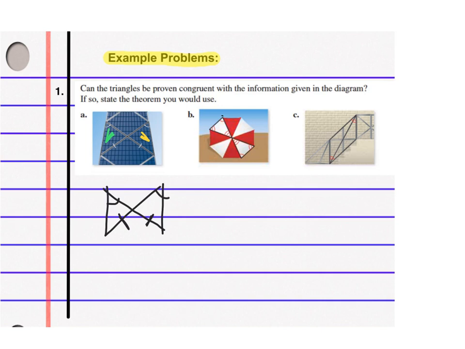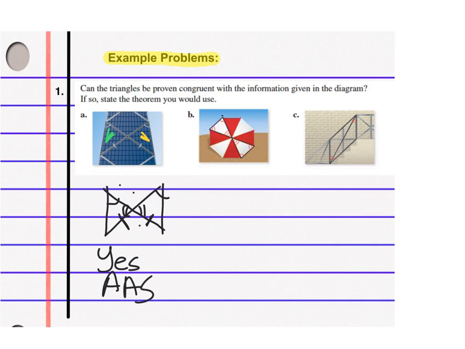So we have an angle and a side. We always want to think, is there anything we can add? Usually things we can add are alternate interior angles, reflexive side, or vertical angles. And I actually have vertical angles right here. And then I have angle, angle, side. So I would say yes, using the angle, angle, side theorem.